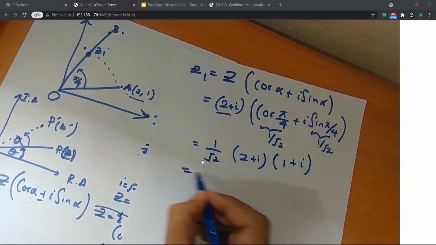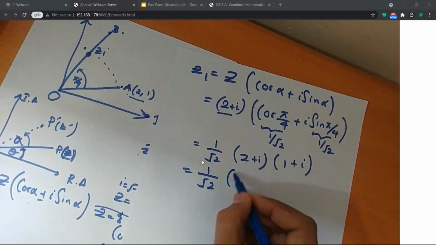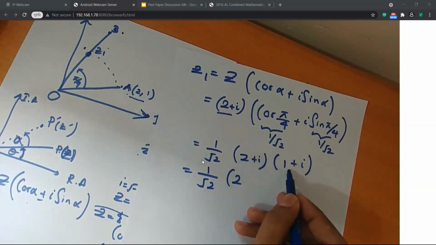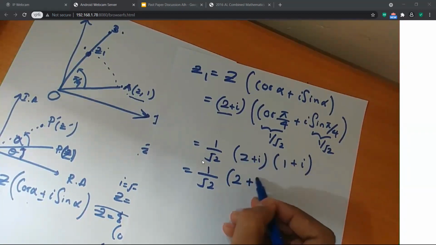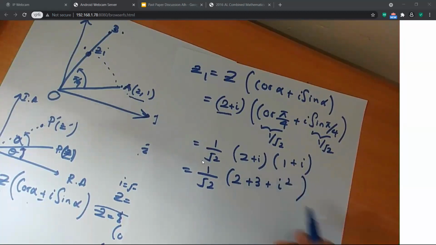If we simplify this, 1 over root 2 times (2 plus 2i plus i, that is 3i plus i squared). Now as I said before, what is i? i is equal to root minus 1, so i squared is equal to minus 1.